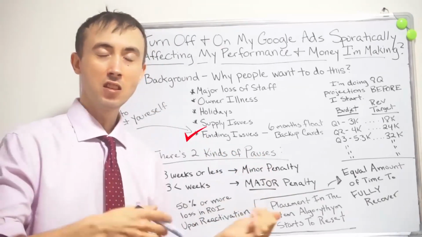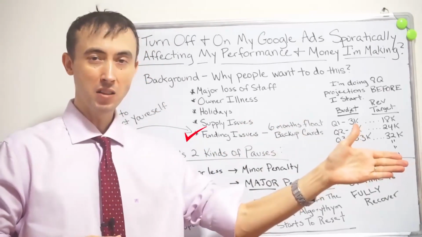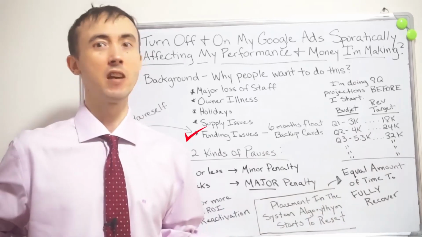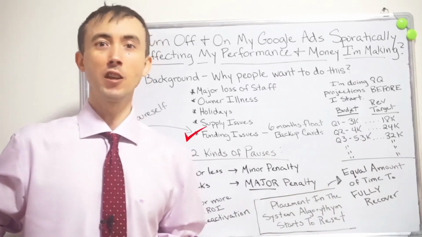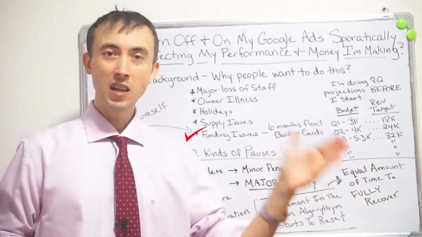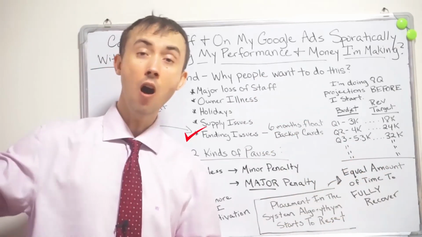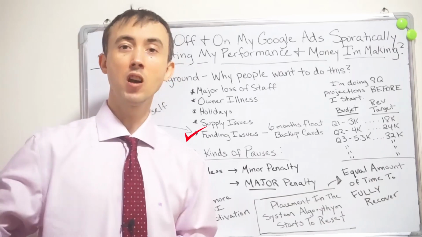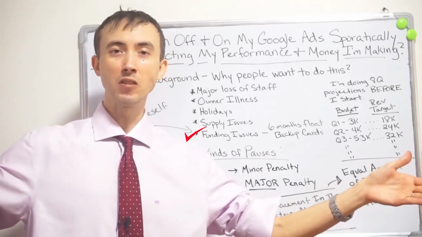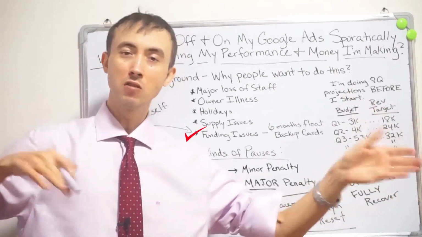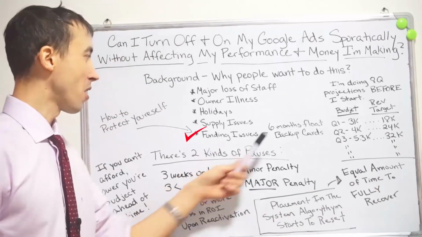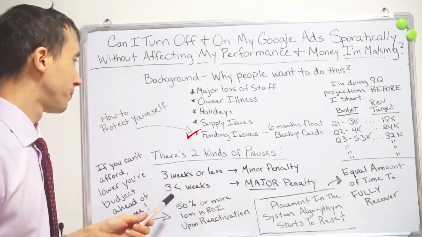Different businesses are seasonal, but if you're making your big money in spring, don't come back to me in fall and say, oh, I don't have enough money, Corey, shut the ads off. Save your money in the spring. Don't touch it, because you're going to get hit hard. And if you look at the whole year, your overall profits are going to be down because you couldn't do that. I'll get back to that in a moment.